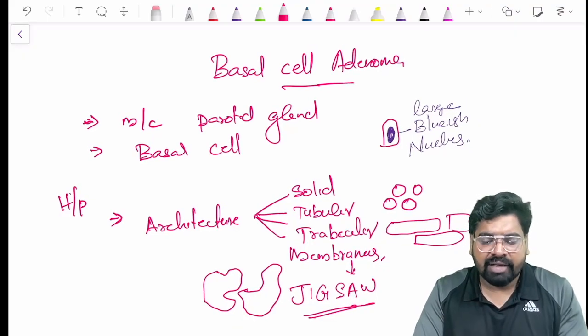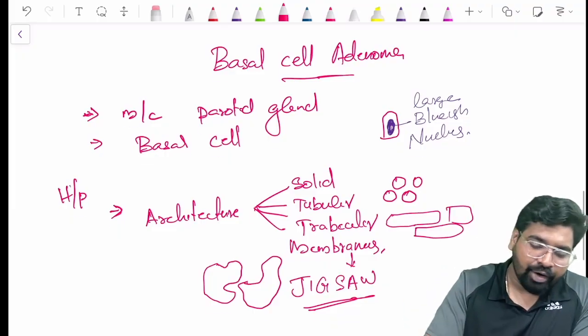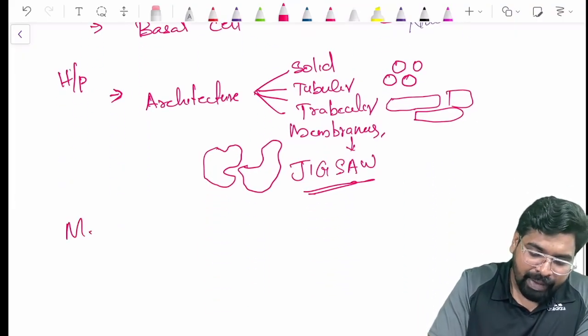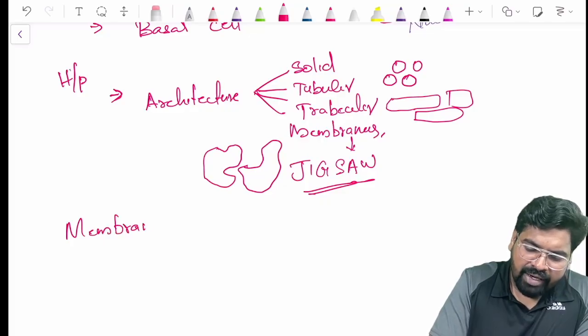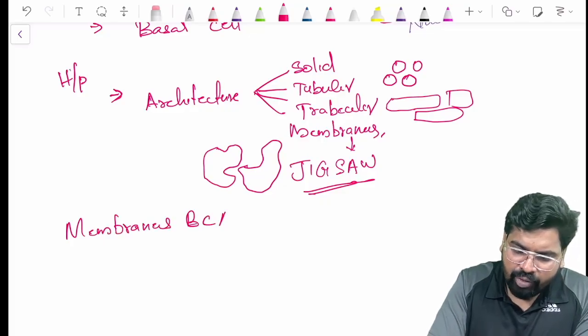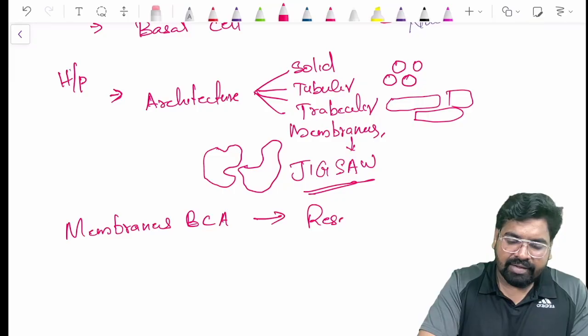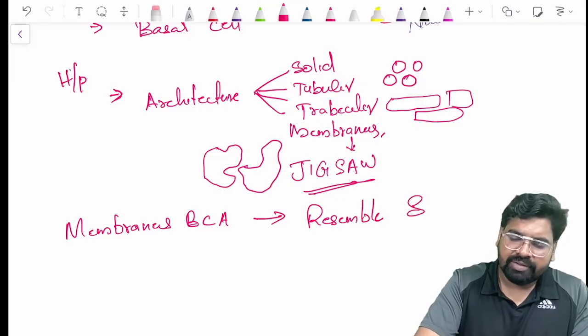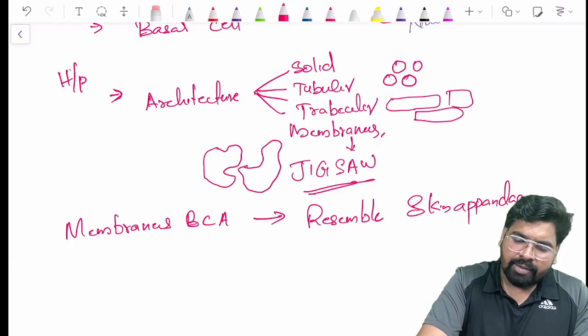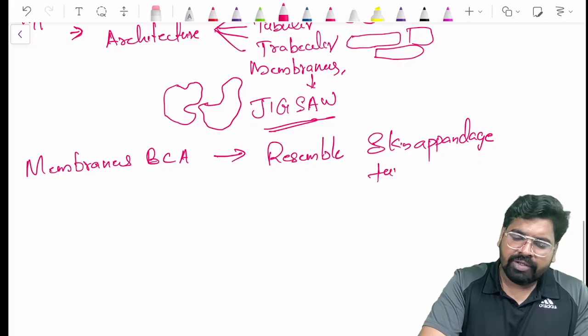And there is a peculiarity for this membranous basal cell adenoma: it will resemble a skin tumor, a skin appendage tumor.